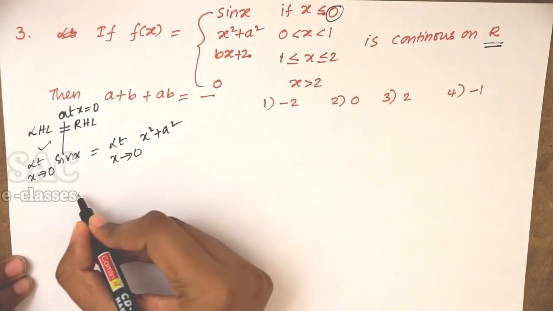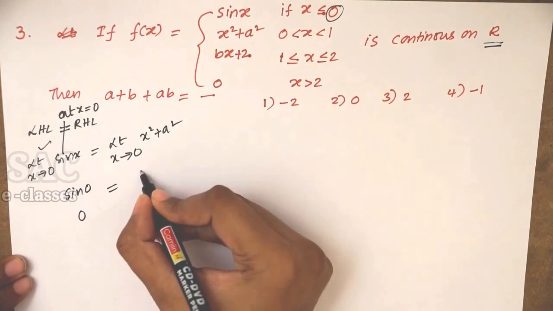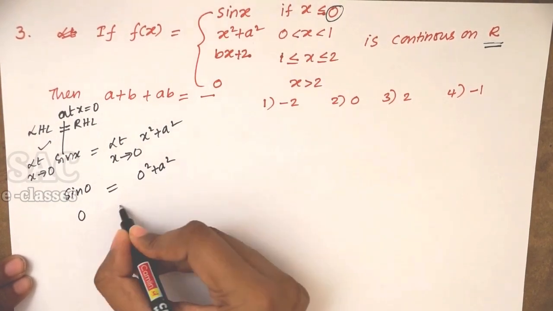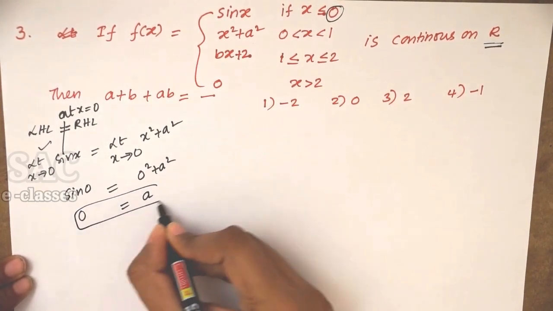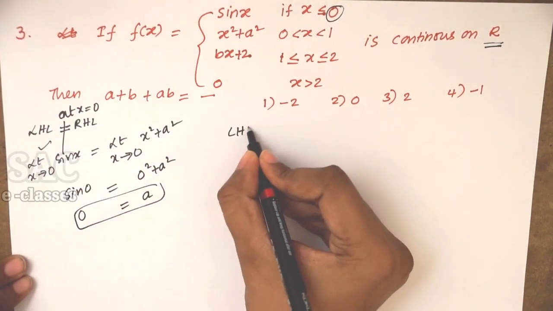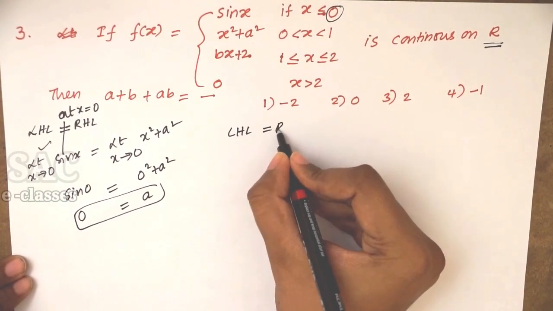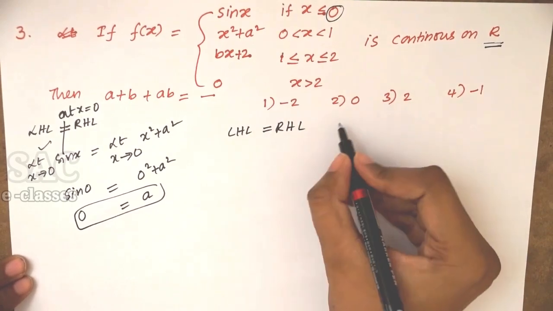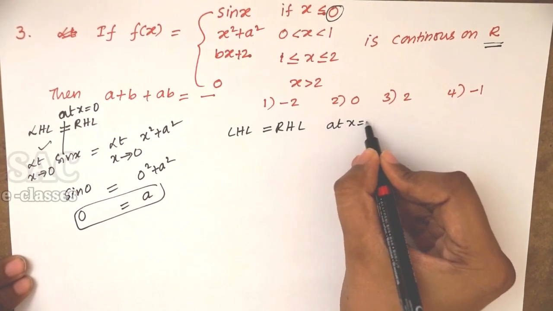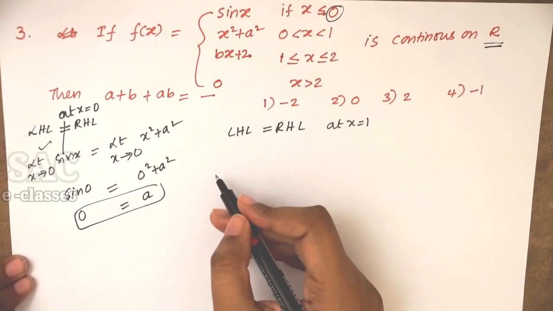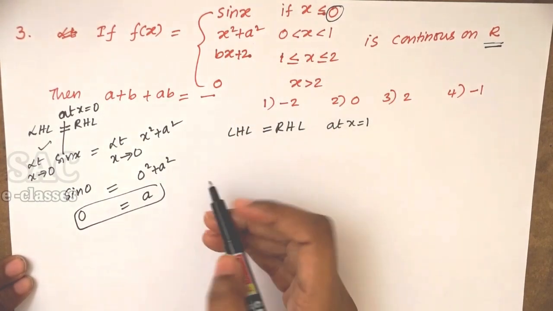Apply the limit. Sin 0 is anyhow 0, and 0 square plus a square, so you can write that a value is 0. Go for the LHL and RHL at 1, or you can write even at 2 also. Let us verify at 1.